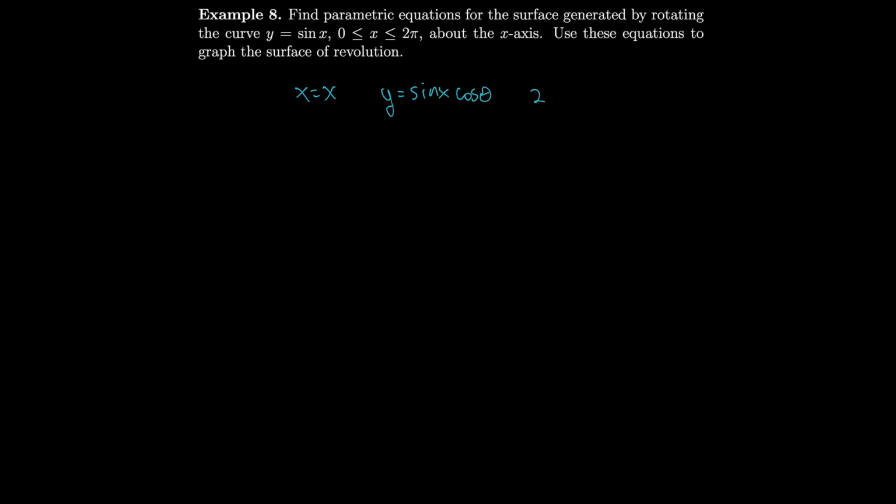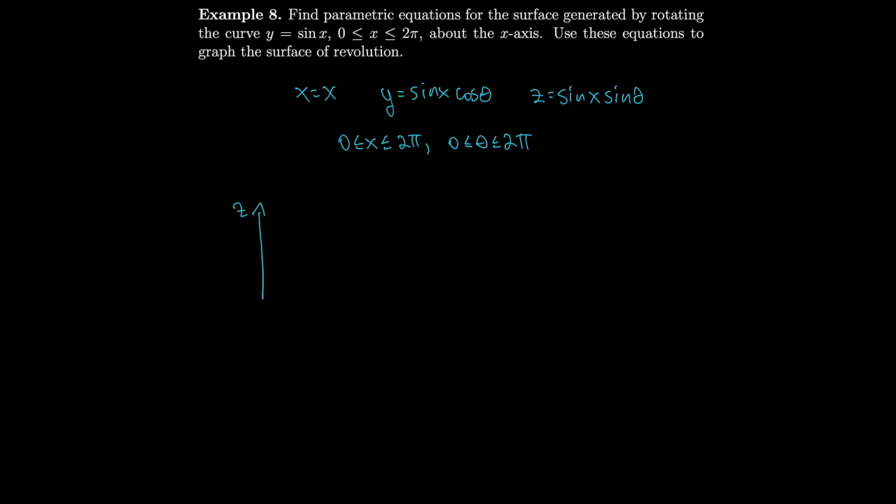And then z will be sine of x times sine of theta, because it's f of x sine of theta for z. So we have x going between 0 and 2 pi. We have theta going between 0 and 2 pi also. So how about I try drawing this using a little bit of perspective change.